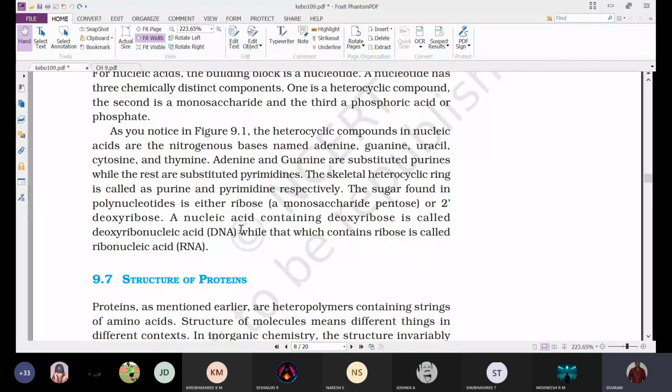It is deoxyribose. While in RNA, we'll find ribose, which makes ribonucleic acid. DNA is deoxyribonucleic acid.